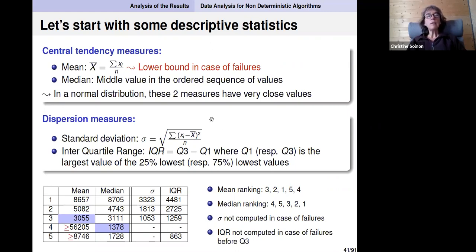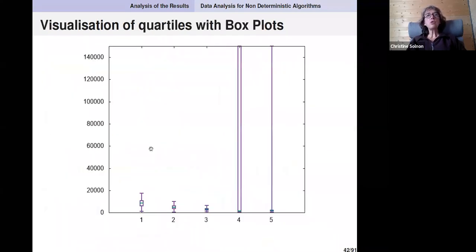So the conclusion of this is that reporting mean or median values does not give me a clear idea of the performance of my five parameter settings, and the dispersion measures do not really help me to draw conclusions. What I can do is plot box plots, which allow me to visualize the main values of the raw data.